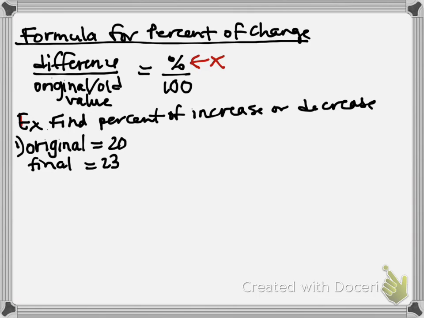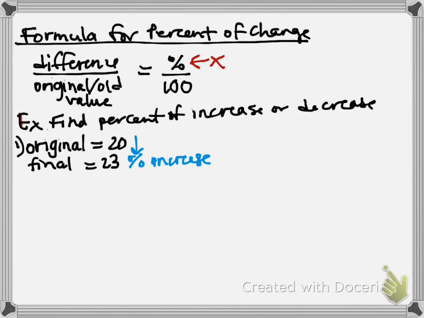Your question that you have to answer before you even do any setup is this an increase or is this a decrease? Increase. So anytime you go from old to new and the new is more, then this is called an increase. So you're going to add the words increase to the end of your answer. Okay? All right, and now we're just going to set it up.